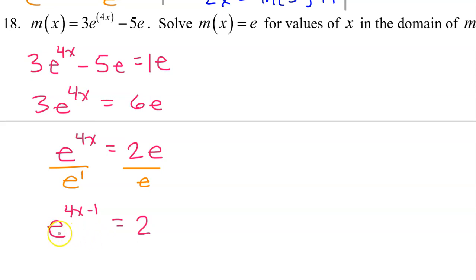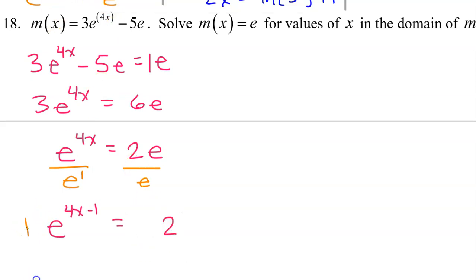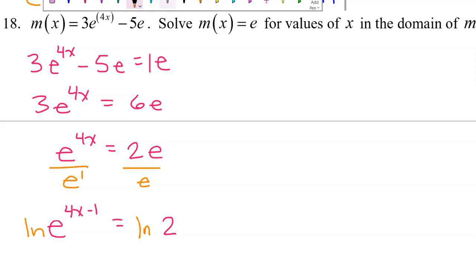We can make this base e go away by taking the natural log of both sides of the equation. So if I do the natural log on the left and the natural log on the right, on the left side, the natural log and the e will cancel each other out.